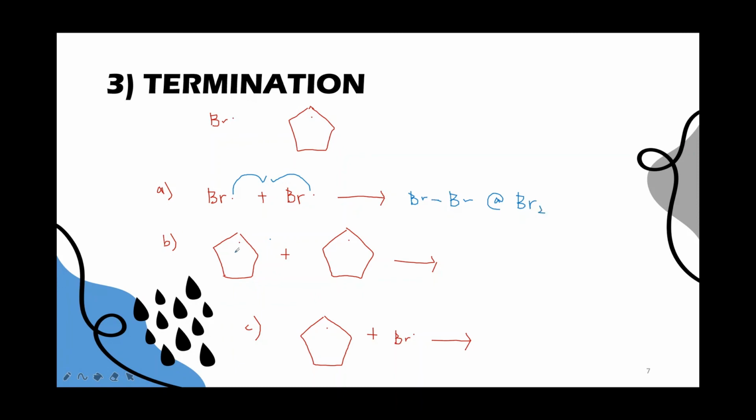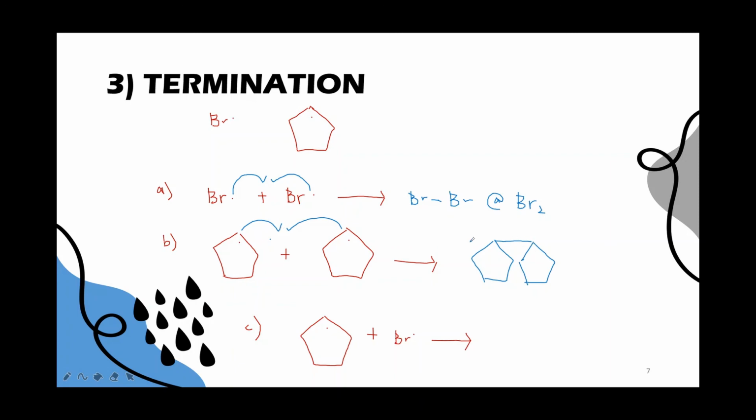Untuk yang kedua ni, gabungan antara dua free radical of cyclopentane. So kita akan menghasilkan new covalent bond between the two cyclopentane. Letak je satu covalent bond antara kedua-dua tempat yang ada titik tu.